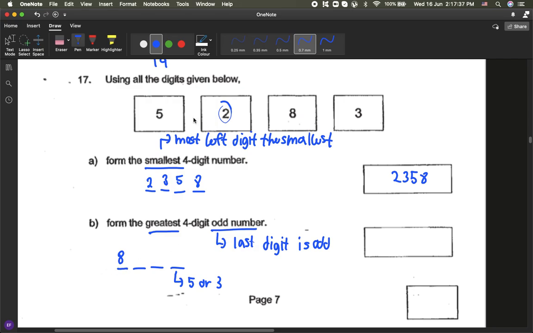The second greatest number in these 4 digits is actually number 5. So we have to put 5 here. And that means we can eliminate number 5 as being the last digit. So the last digit becomes number 3. And since we already have 3 numbers, the last number missing should be number 2. So this is the answer. Our answer is 8, 5, 2, 3.